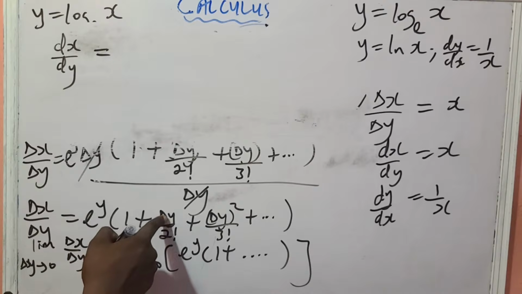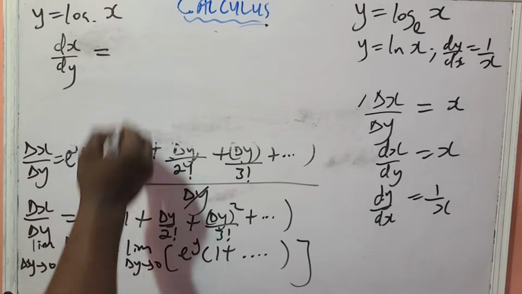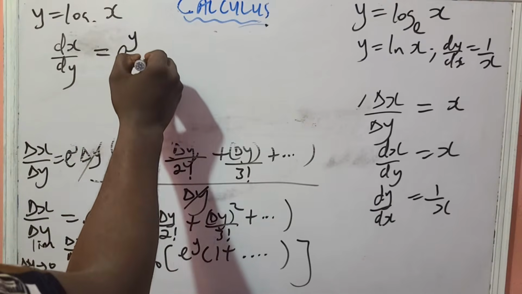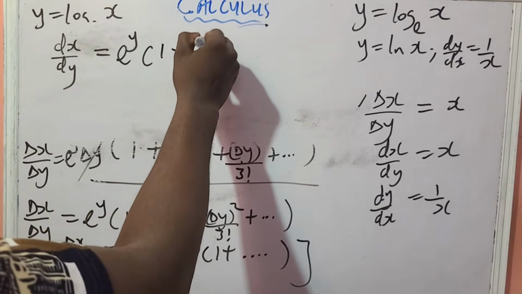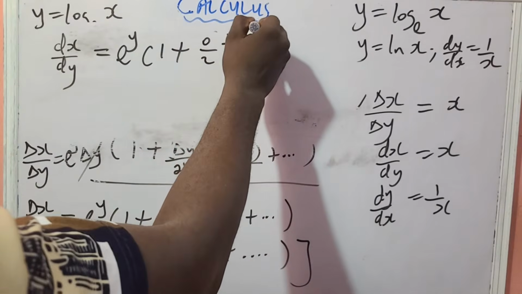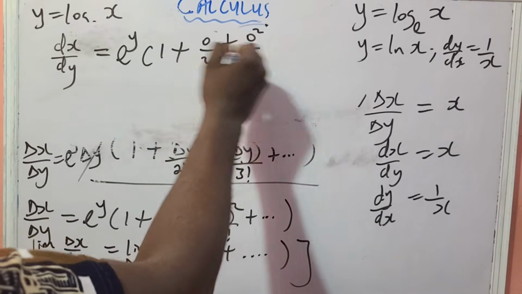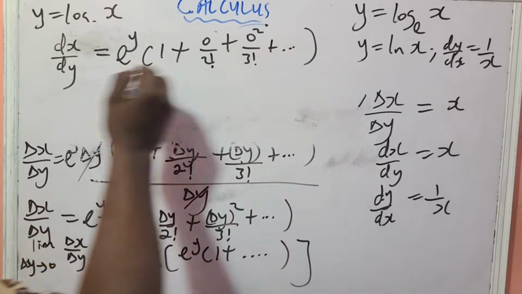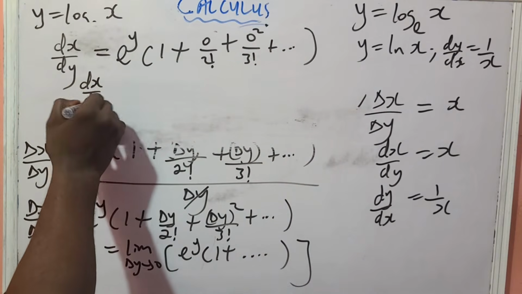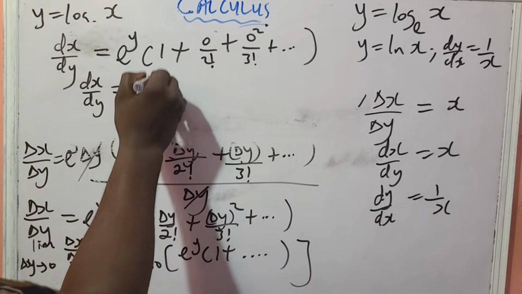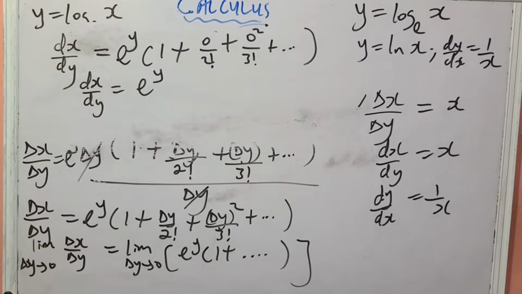So if you put 0 here, you'll be having e raised to power y times 1 plus 0 over 2 plus 0 square over 3 factorial, and so on. So obviously the dx over dy will be equal to e raised to power y. I'm sure everybody agrees with that, right?